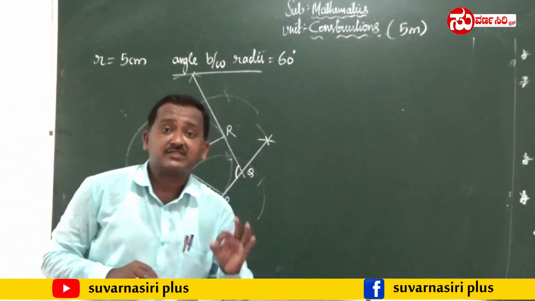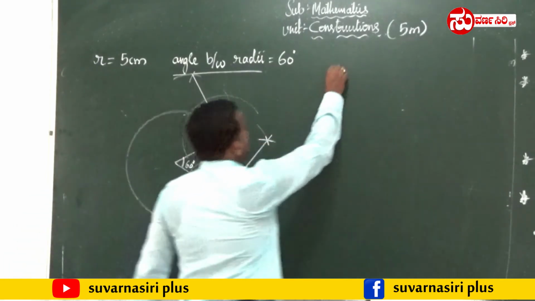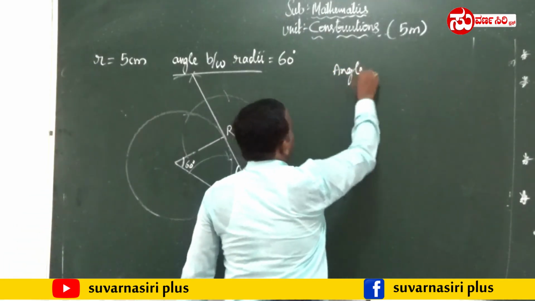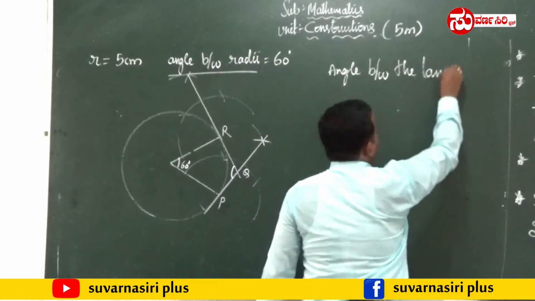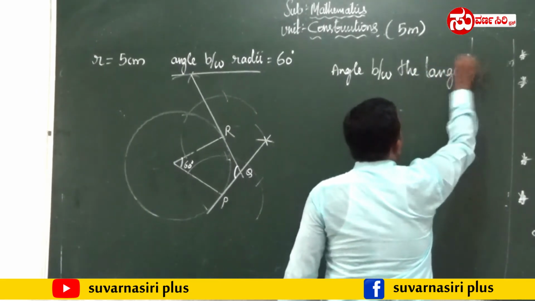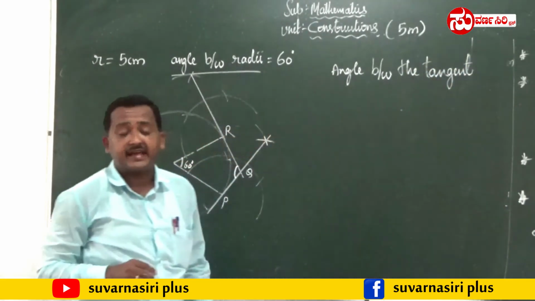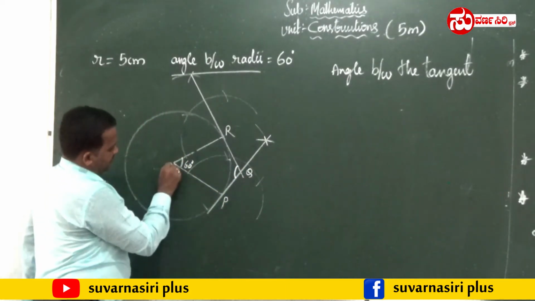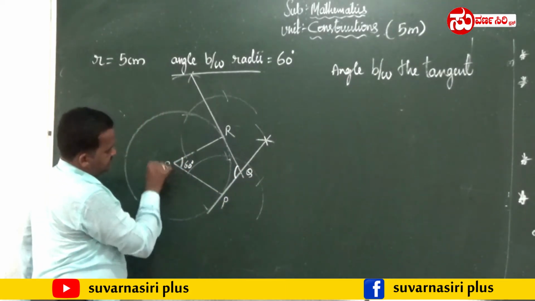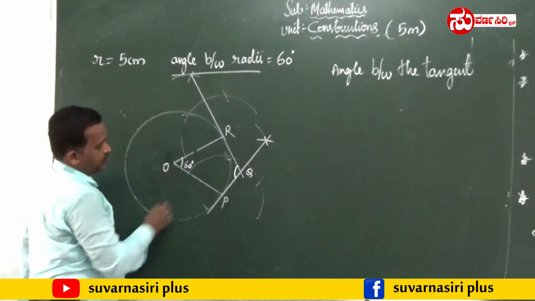That angle is called the angle between the tangents. How much will it be? So very clear. Think that this is S, or take it as O.